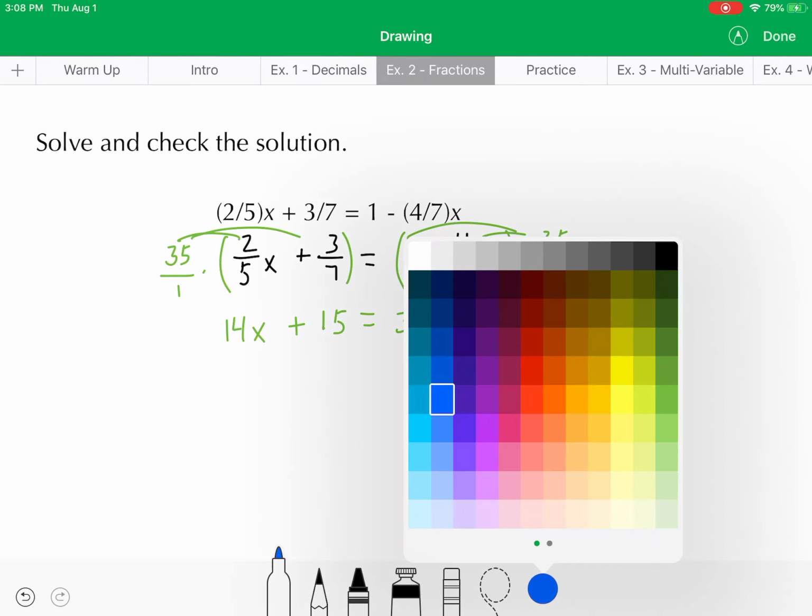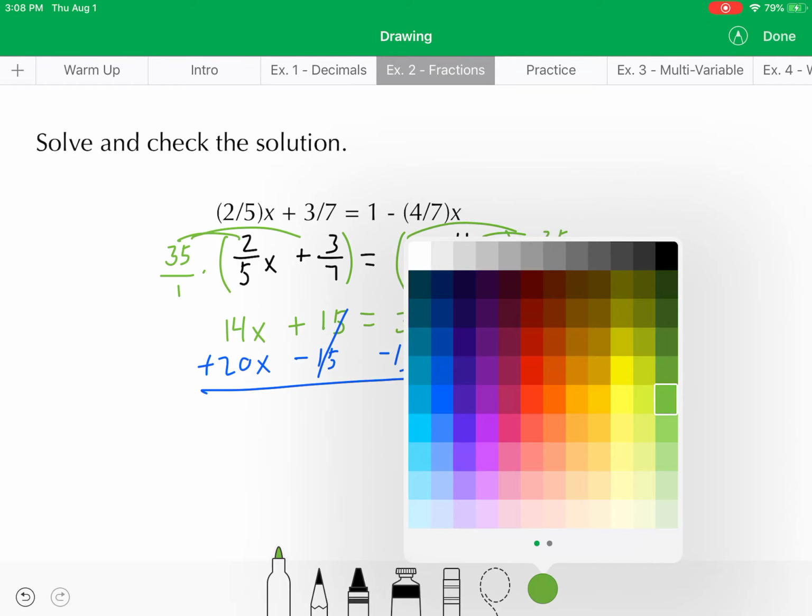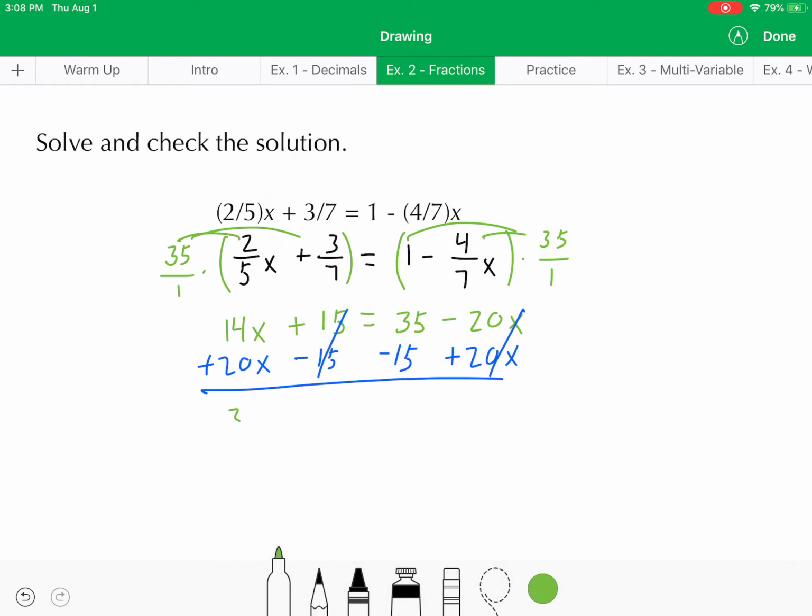So let's move variables to one side again, constants to the other. So I have 34x is equal to 20.